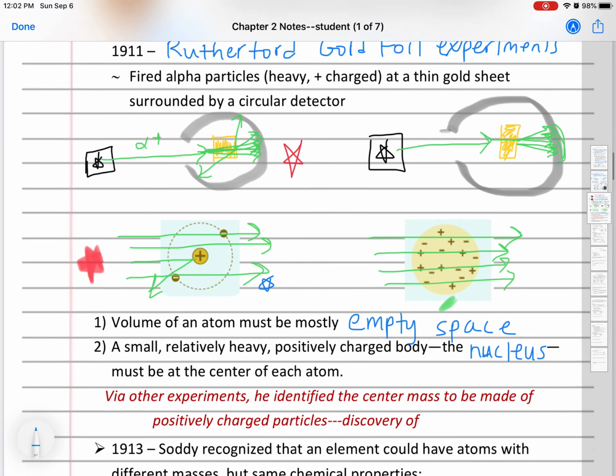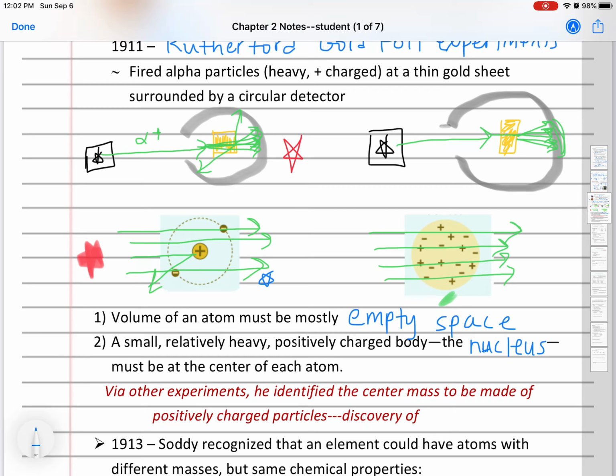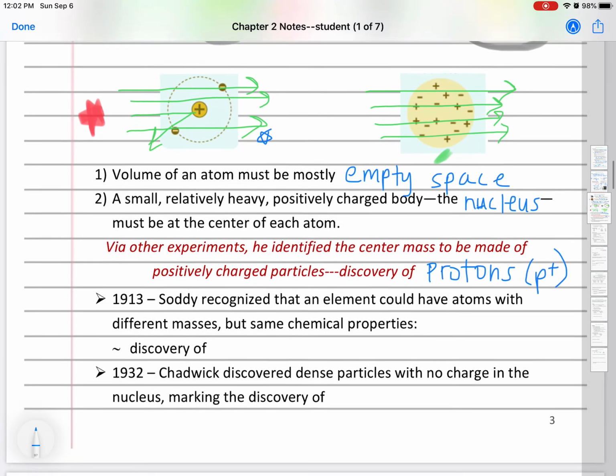And then he did some other experiments and figured out what the mass of these positively charged particles were. And they named them protons. Positively charged particles. And sometimes we'll just abbreviate that with a P plus for proton. Okay, so now we've discovered electrons and we've discovered protons.